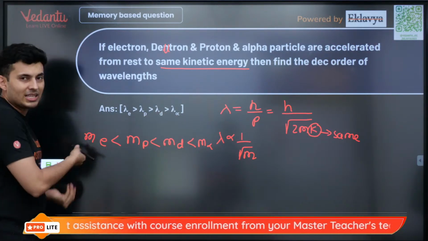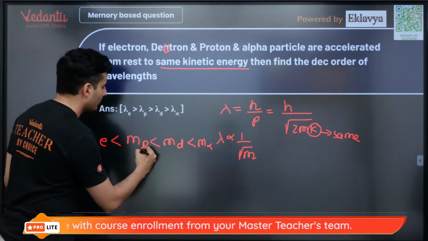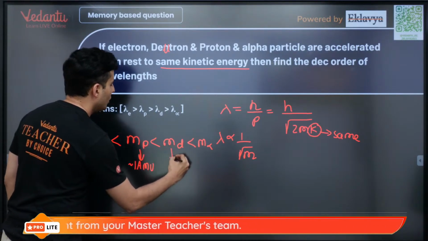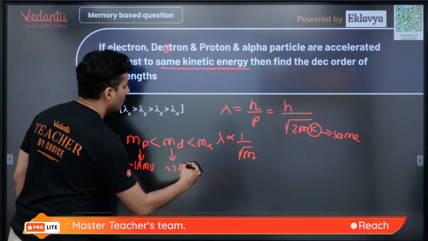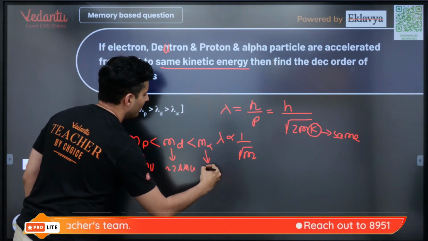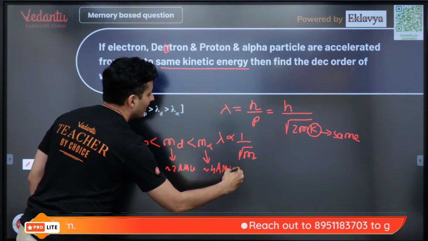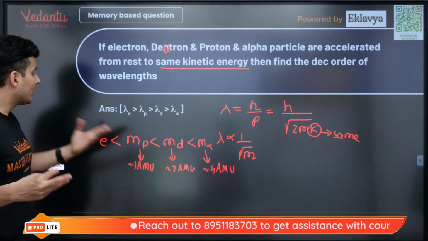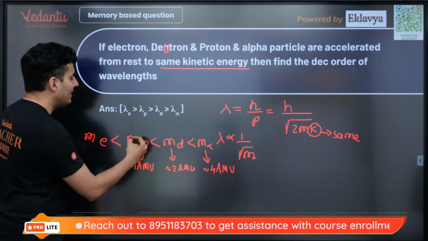If you are wondering, obviously electron is the least. Proton has 1 AMU roughly, deuteron will roughly have 2 AMU, and alpha will have roughly 4 atomic mass units. Rough values. Acha, it was neutron. If neutron was there, guys, then where will neutron come?